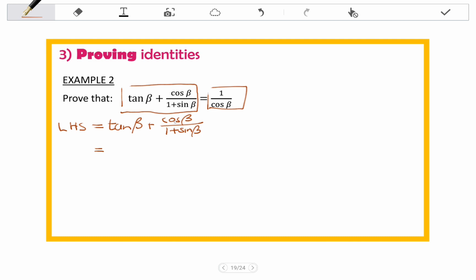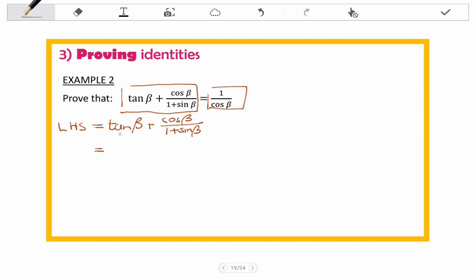Okay, so looking at this, I have two terms, one of which is a fraction, so I can definitely combine the fractions. But I also see that I have tan, cos, and sine. So that is 1, 2, 3 trig functions. Now, I would like to get rid of one trig function. Okay.